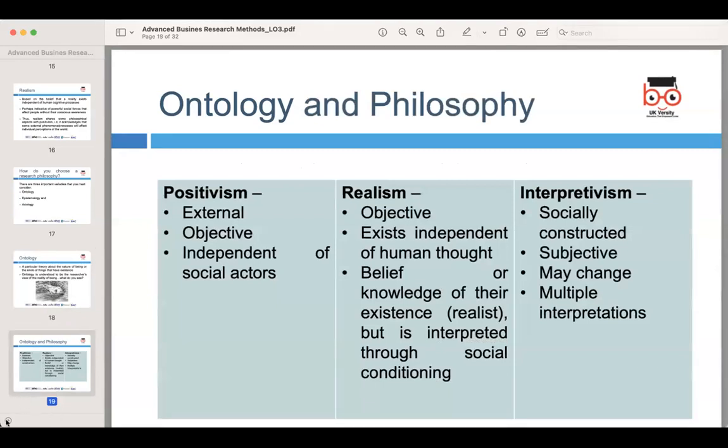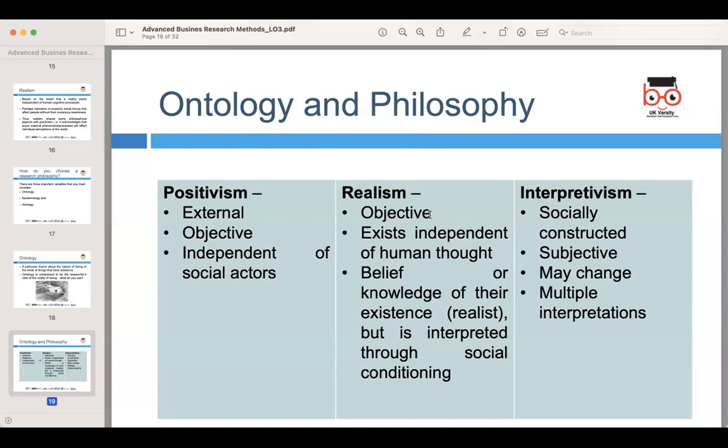So, ontology and philosophy. Here we are going to explore three different philosophical approaches: positivism, realism, and interpretivism. Start with positivism.